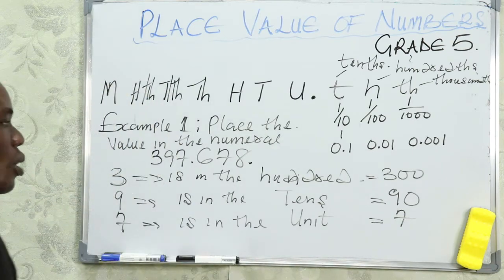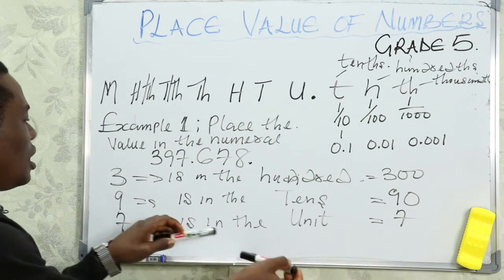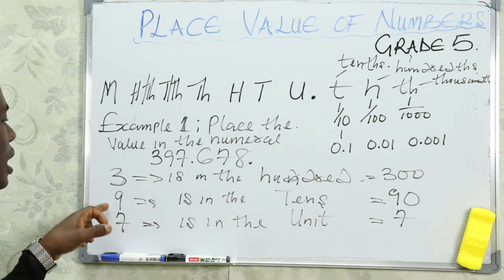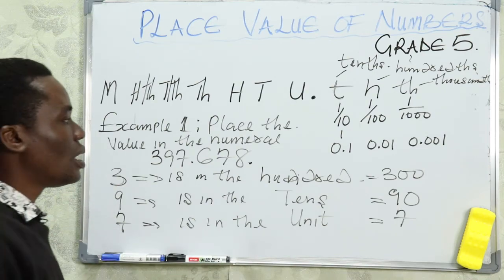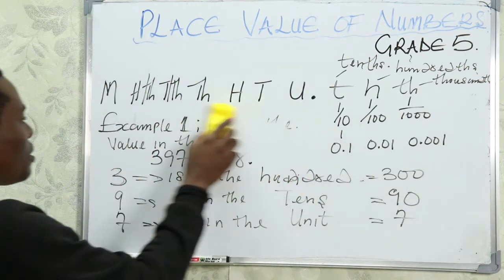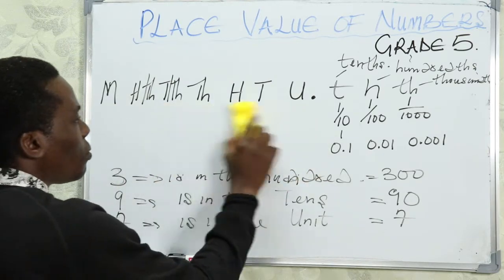So you see, we have finally got to see the place value of 3, 9, and 7. Now, what about the place value of the rest of these numbers?